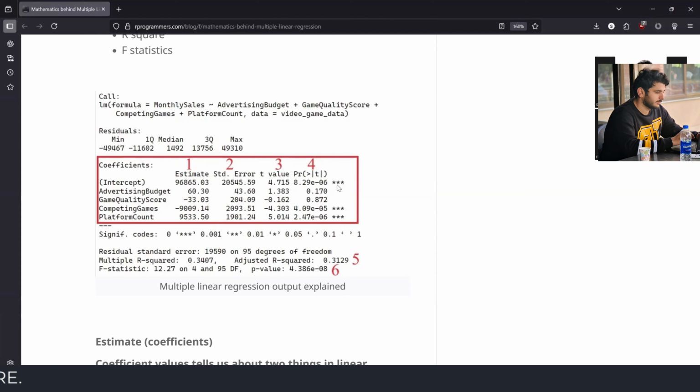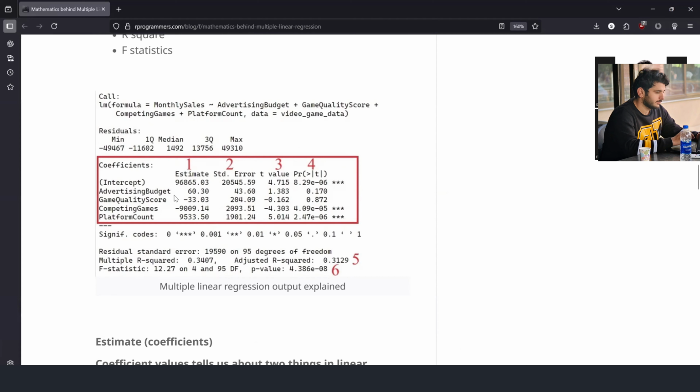Now, what does significance tell us? If we have stars at the end, if our p-value is less than 0.05, it means this particular column has a relationship with our dependent variable. For example, here we're talking about four columns.